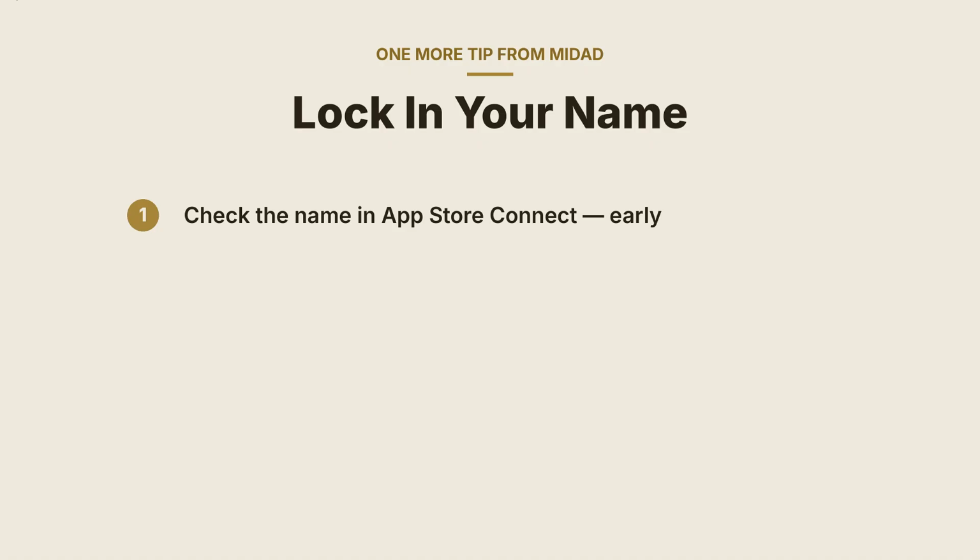Oh, and one more tip from building Mubeen. If you find an app name you love, check if it's available on App Store Connect early. Don't wait until your app is finished and hope the name is still available. You can create the app record before the app is ready. That can save you from renaming everything later. And if your name is taken, don't panic.